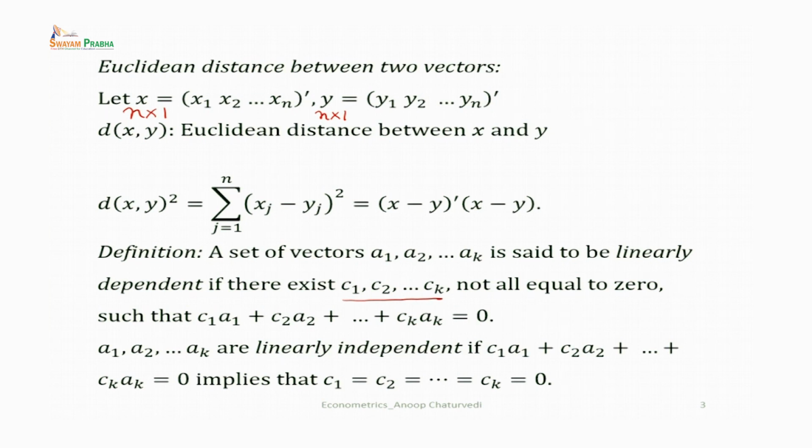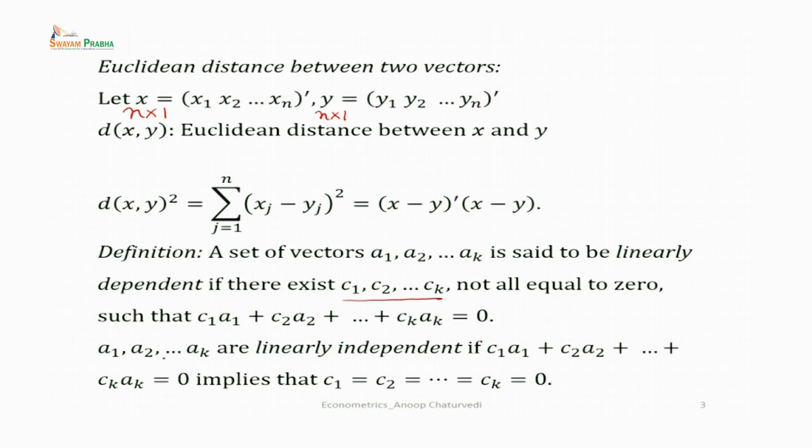It is possible for you to form a linear combination of a1, a2, ..., ak which has value 0. Actually, c1 a1 plus c2 a2 and so on plus ck ak is a linear combination of the vectors a1, a2, ..., ak.